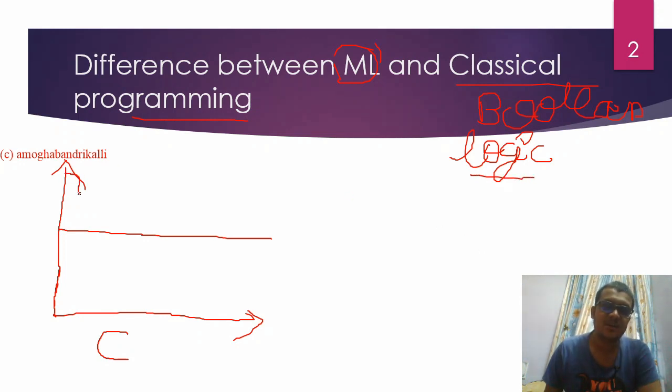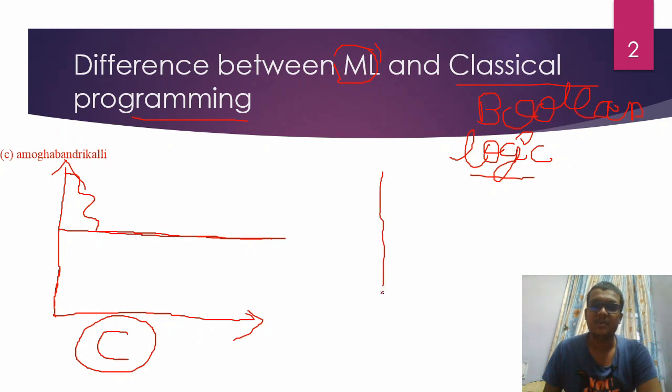Based on the equations and the logic, it will find some optimum solution by hook or by crook, using logical expressions, if and else conditions, Boolean expressions, switch statements, for loops, while loops. It is going to give one optimum solution. After the optimum solution is given, it is going to push the same answer. So by using any sort of logic, it will give one answer. That is called classical based programming.